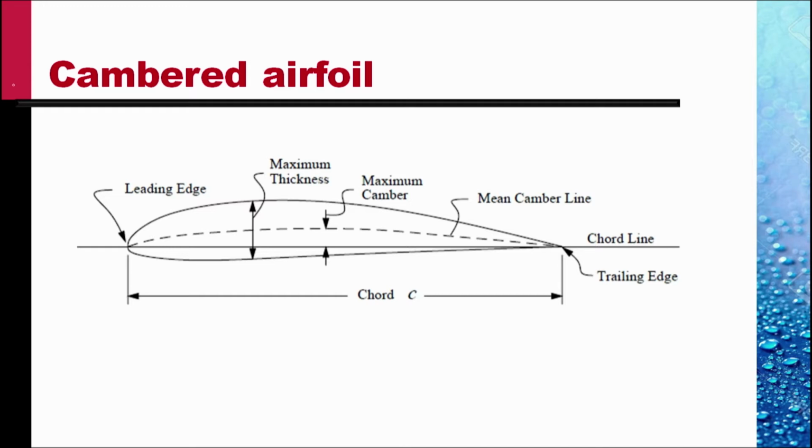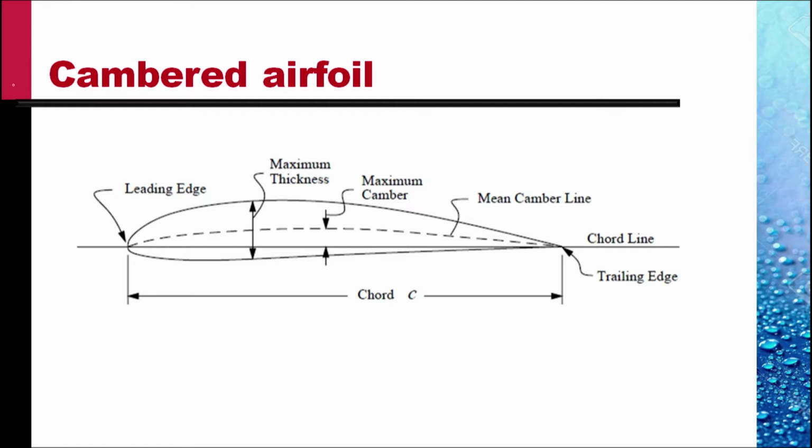Most airfoils used in industry are cambered airfoils. Cambered airfoil means the airfoils which are not symmetric but curved. There is a top surface of the airfoil and a bottom surface of the airfoil. The median line between the two surfaces, shown here by a broken line, is called the mean camber line.